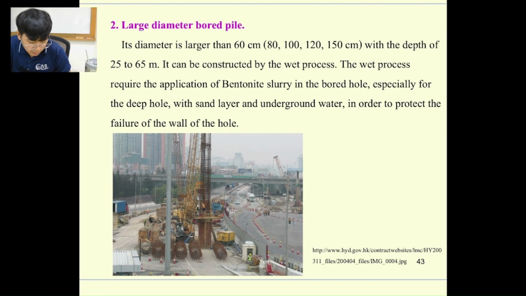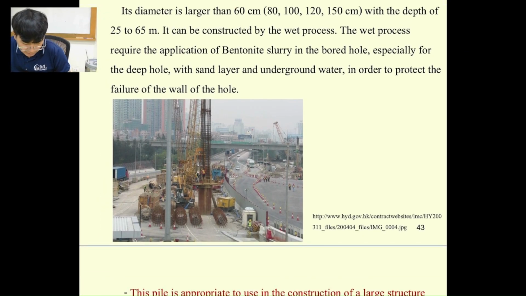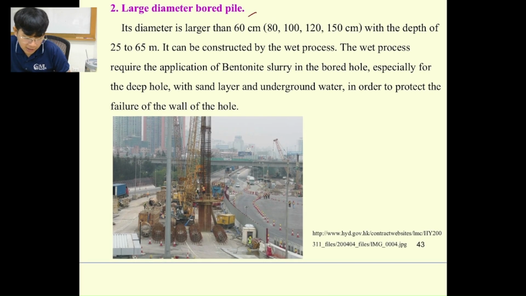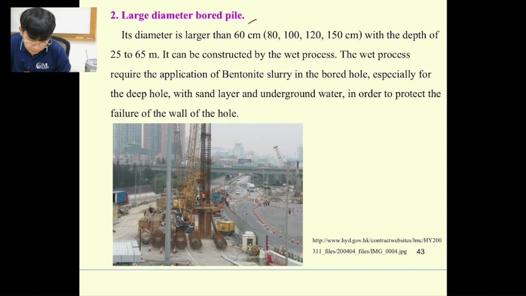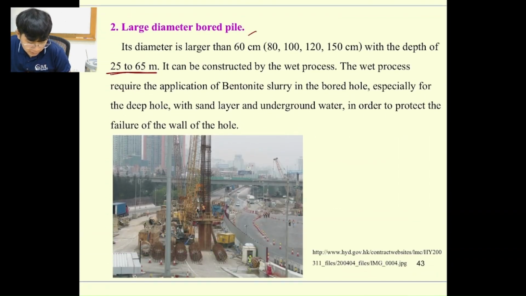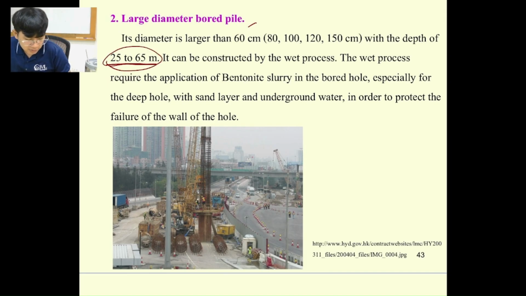Another one, the large diameter bore pile, is the one that we use in really big construction or high-rise building projects. Because it's deeper than the small diameter bore pile, it starts from 80 to 150 centimeters, and sometimes it can go up to 2 meters, or approximately 200 centimeters.